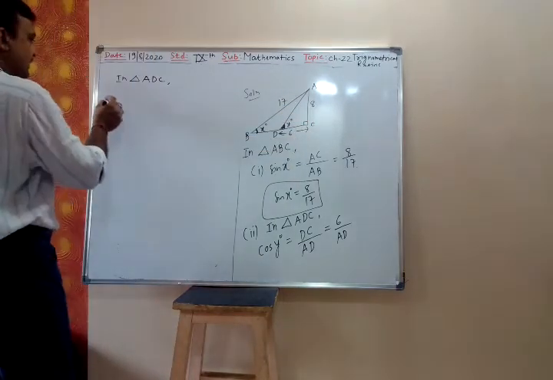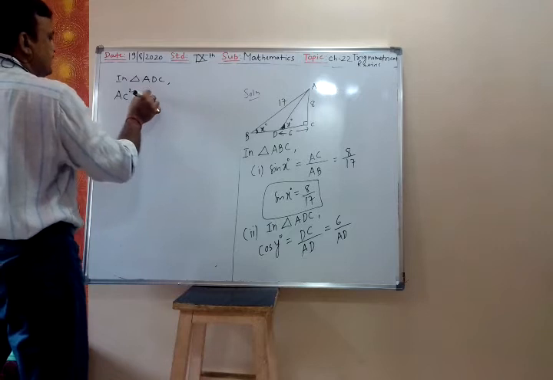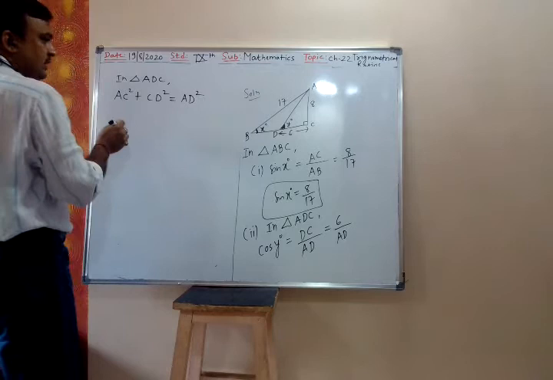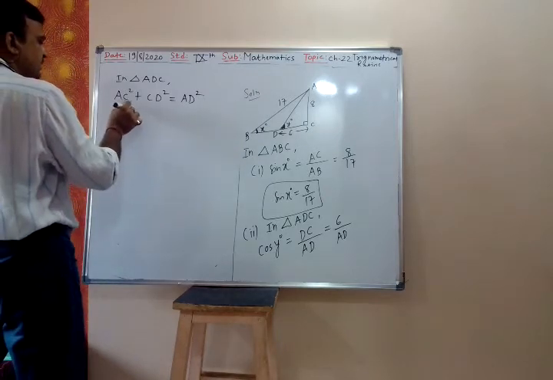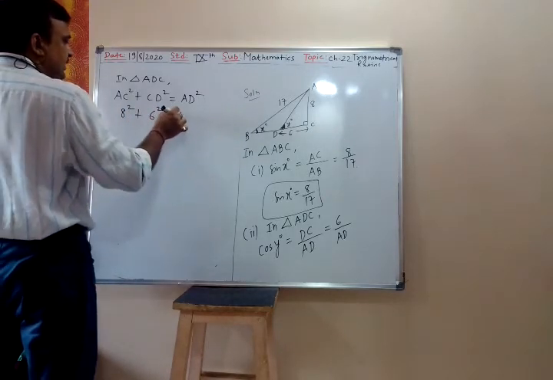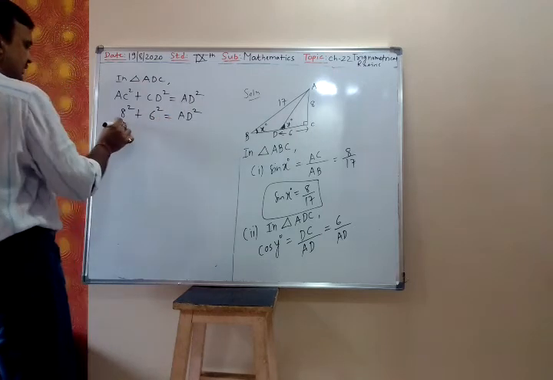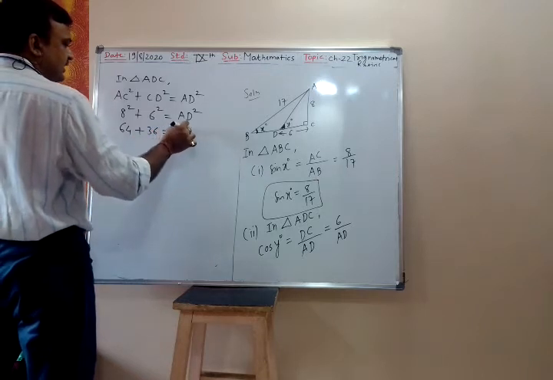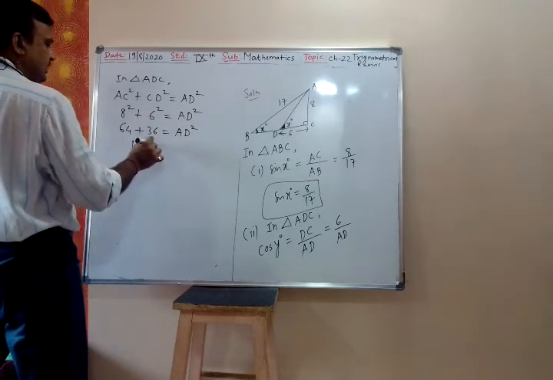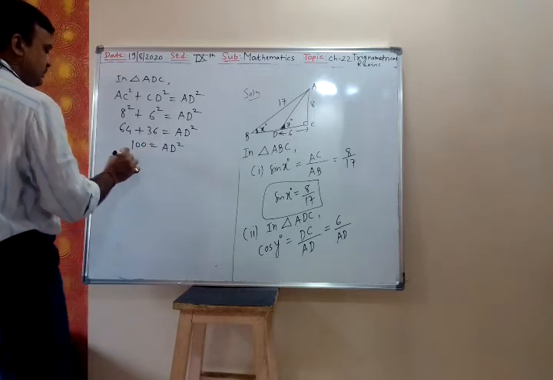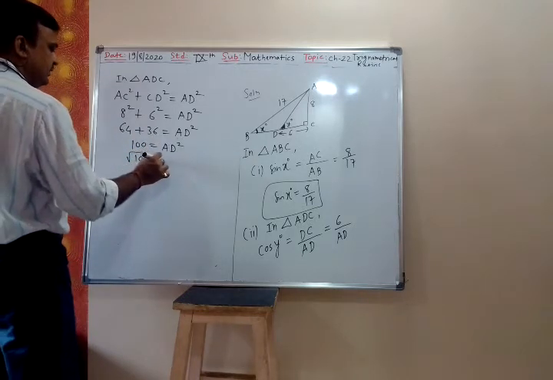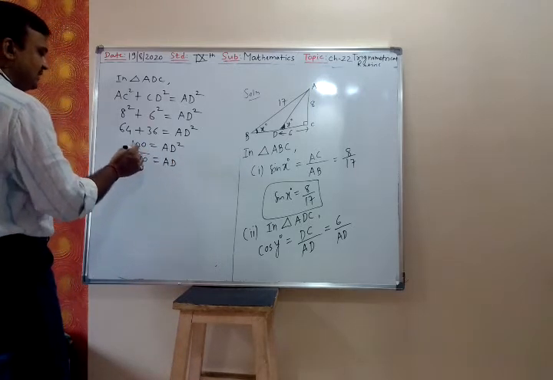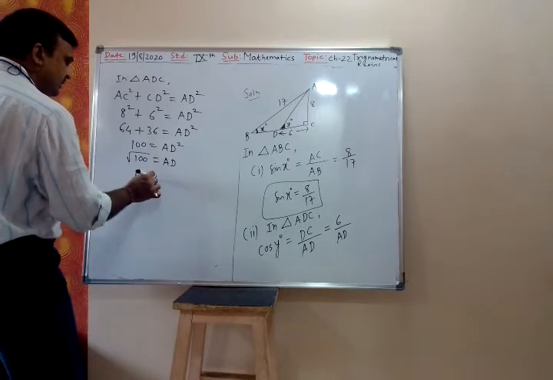AC square plus CD square is equal to AD square. AD is the hypotenuse. AC is given, 8 square plus 6 square is equal to AD square. 64 plus 36 is equal to AD square. So 100 is equal to AD square. So square root of 100 is equal to AD. Square root of 100 will be plus minus 10, but we consider plus sign because length is never negative. So 10 is equal to AD.